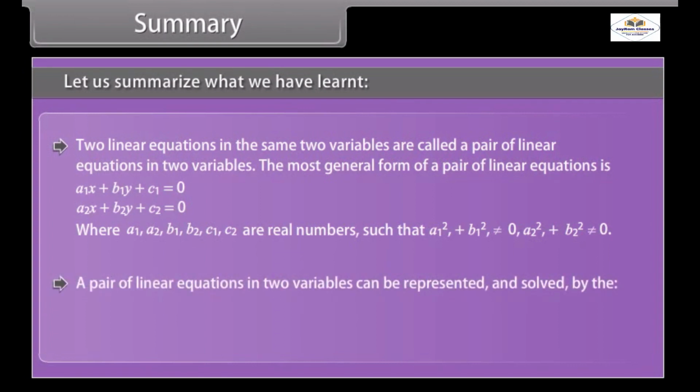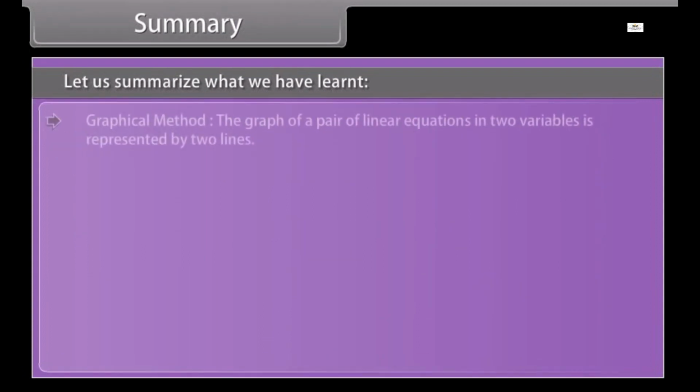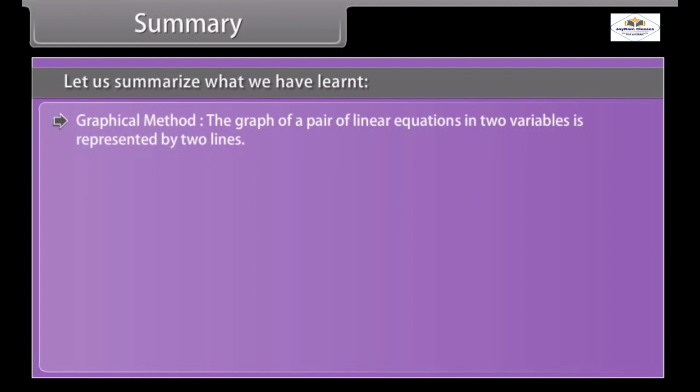A pair of linear equations in two variables can be represented and solved by 1. the graphical method and 2. the algebraic method. Graphical method: the graph of a pair of linear equations in two variables is represented by two lines. 1.